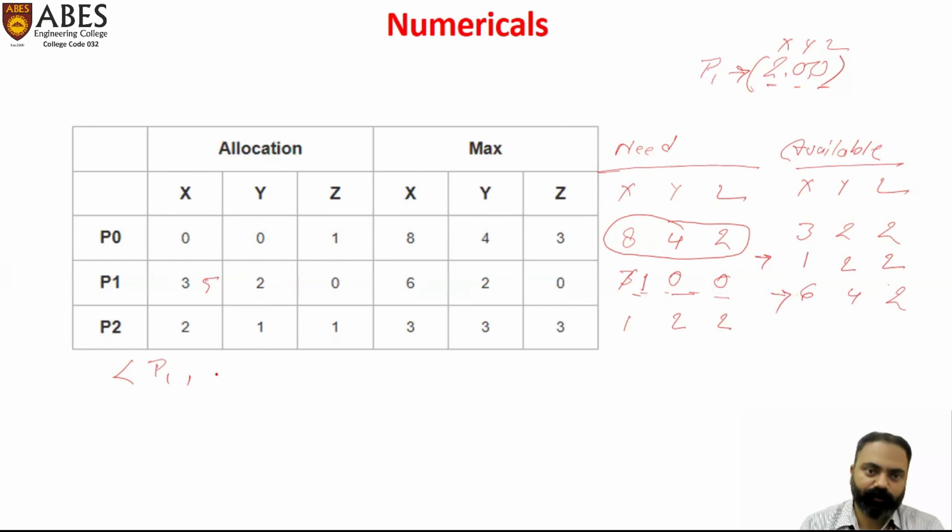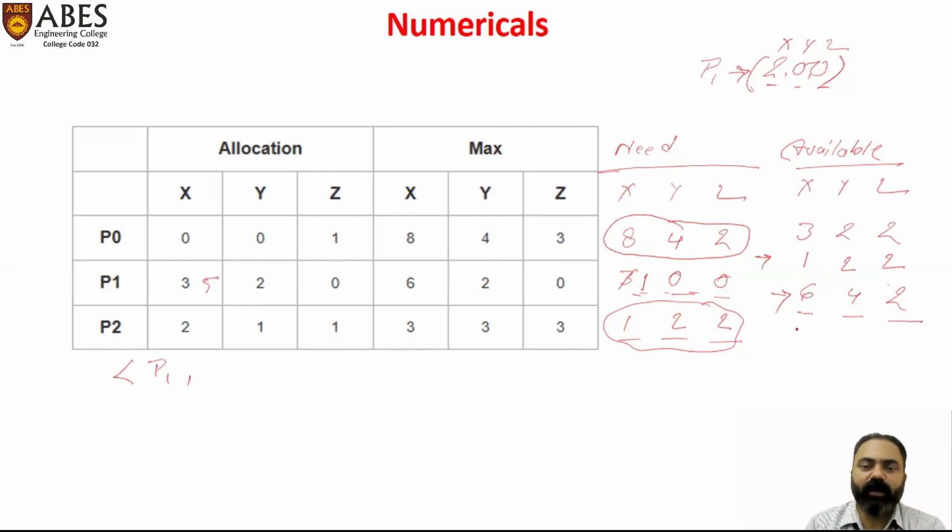Now check for P2. The need of P2 is 122. So we can satisfy the need of P2 with 642. Yes, we can. So we will allow P2 to execute with 122, and after execution, P2 will release all its allocation.